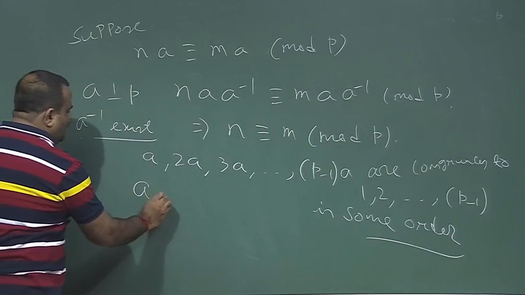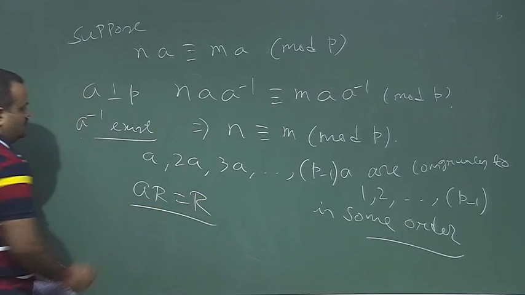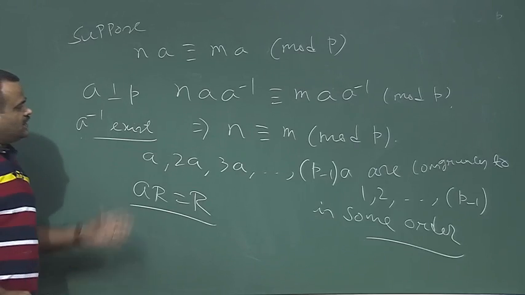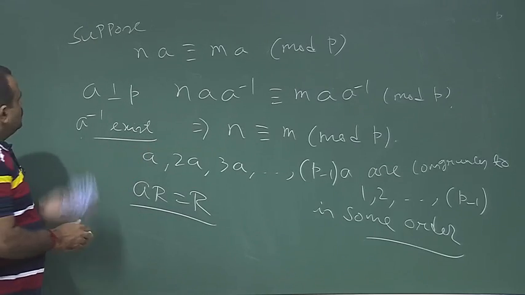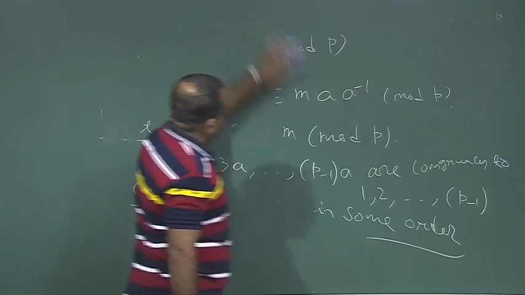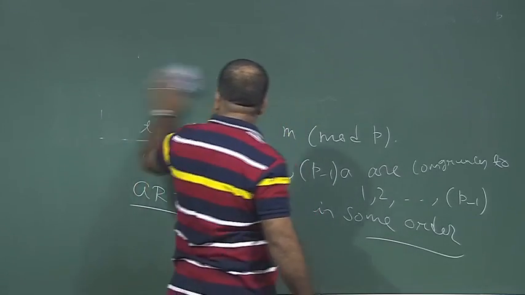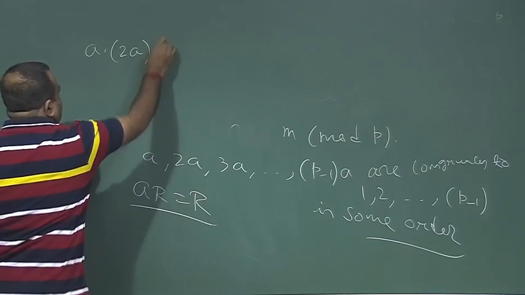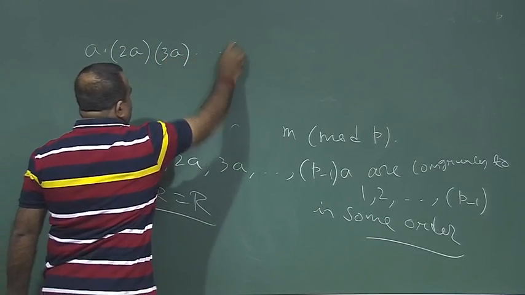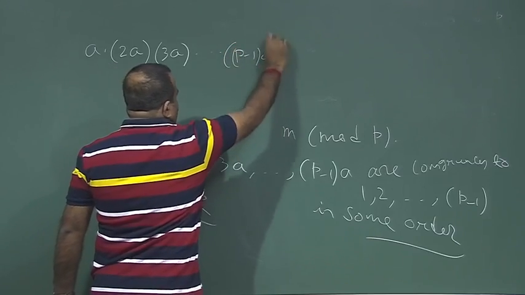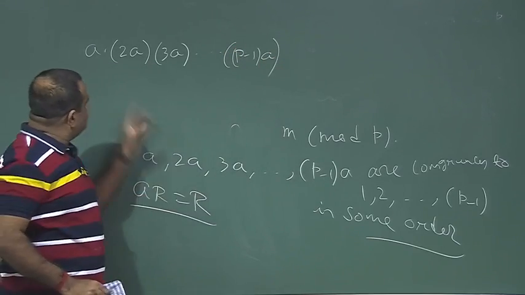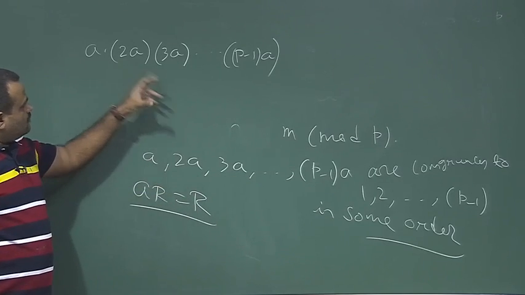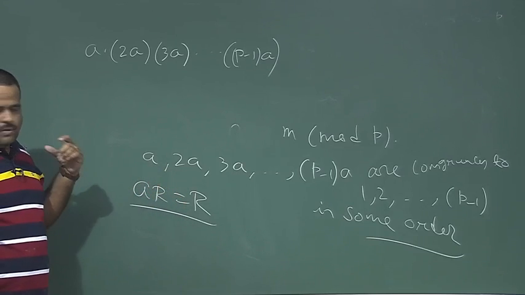So, that means A R is equal to R. These two sets are the same. Okay. Now, since these two sets are the same, we can multiply the elements. If you multiply all the elements in A R, it is basically A into 2A into 3A up to P minus 1 into A. These are the elements in A R. They are basically the same as the elements in R, in a congruent sense under the mod P operation.